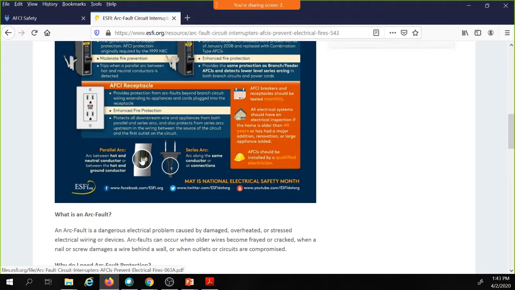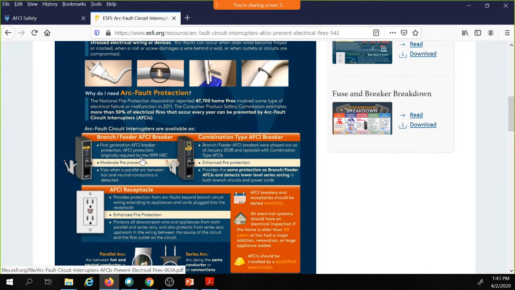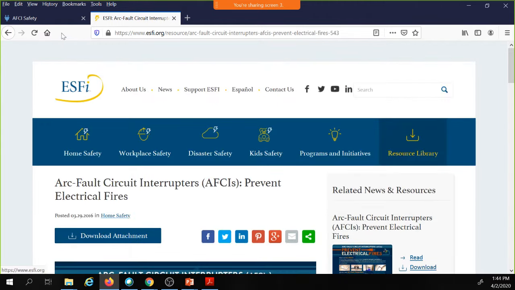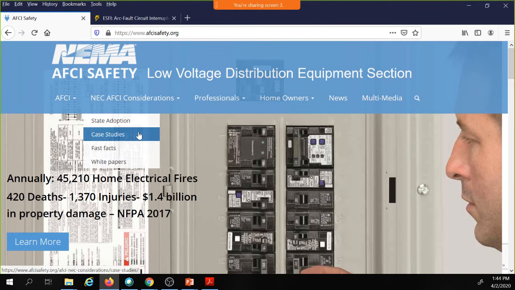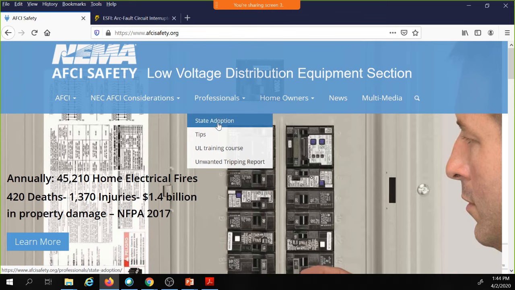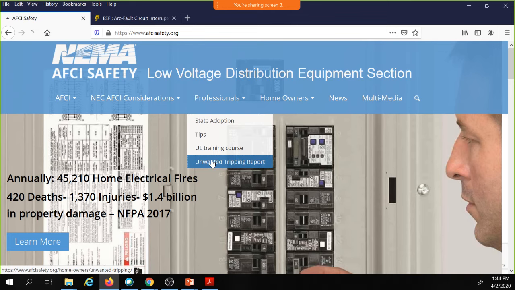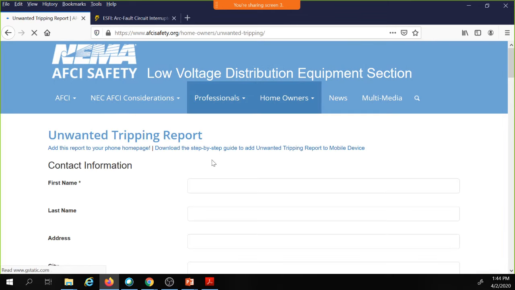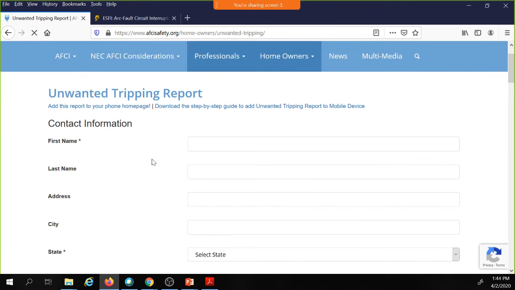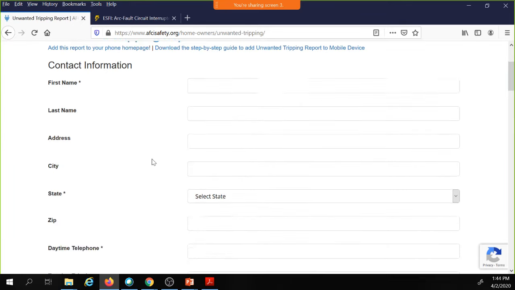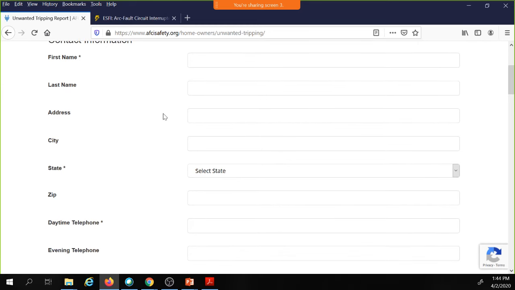And Electrical Safety Foundation International is another great resource for you, especially if you're an electrician, to help the electricians or help your homeowners understand. We have fast facts, unwanted tripping reporting. So if you have tripping going on in a job site, and you want help from one of the 4 manufacturers of the circuit breakers, you can put your name, last name.